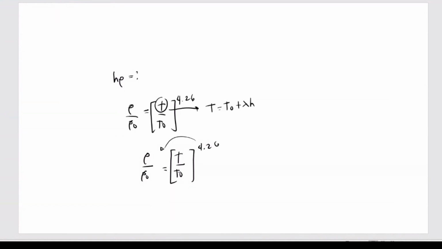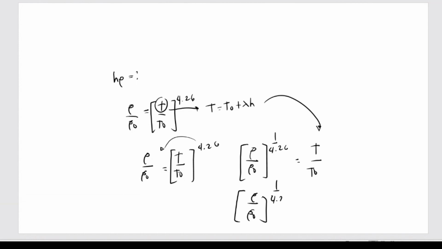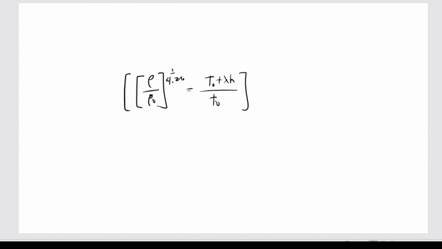Malilipat lang to sa kabilang side. So, that is rho over rho sub O raised to 1 over 4.26 is equal to T over T sub O. And then T, i-equate na natin dito: rho over rho sub O raised to 1 over 4.26 is equal to T sub O plus lapse rate times the height over T sub O. So, multiply both sides by T sub O. T sub O cancel.